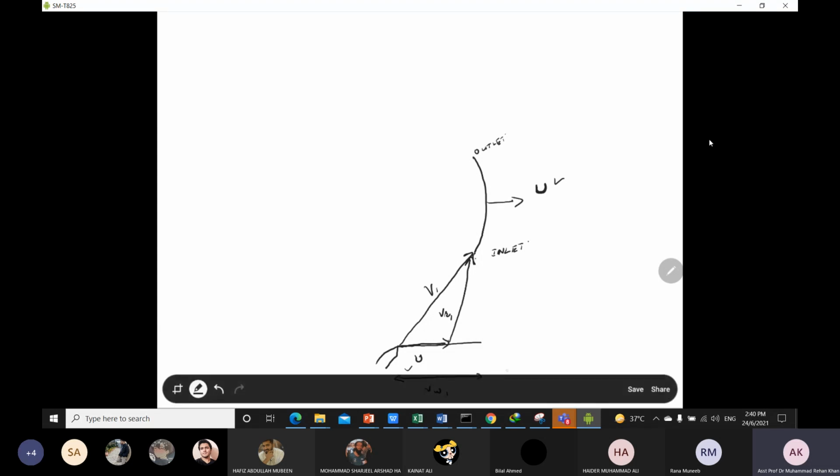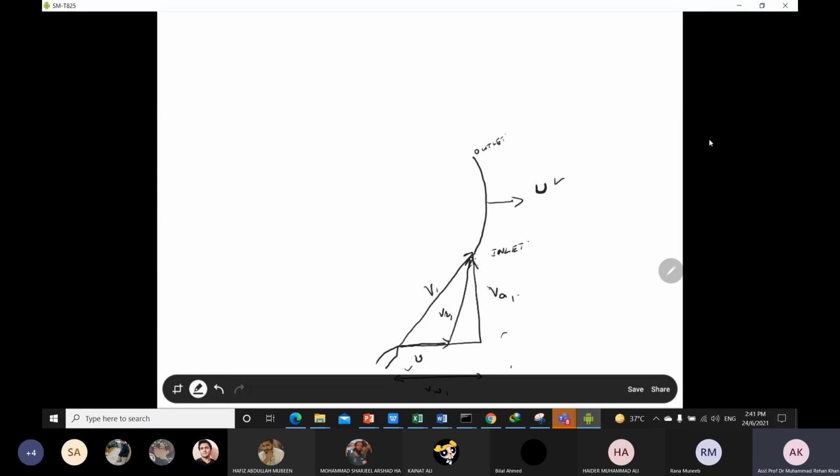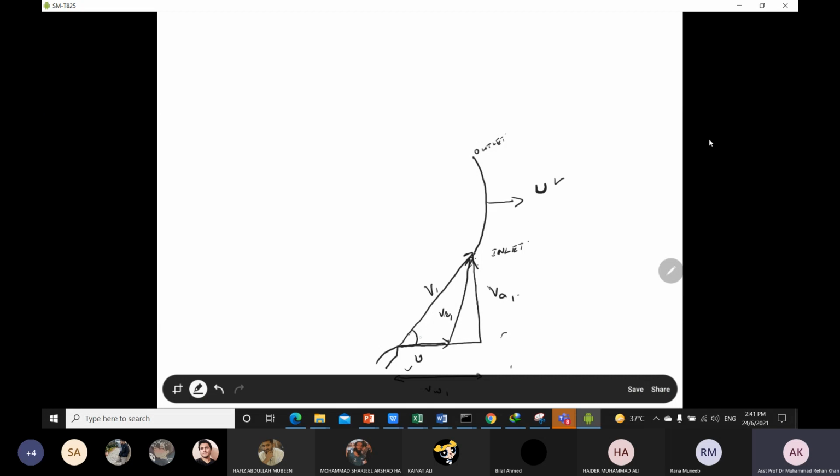So the whirl velocity is the tangential component of your absolute velocity. And now we have another component, which is the axial component. The axial component is something like this, and we call it VA1. This is the axial component of your absolute velocity. Between V1, the absolute velocity, and your blade velocity, we have an angle that we call alpha 1.